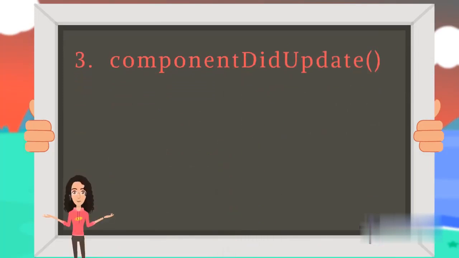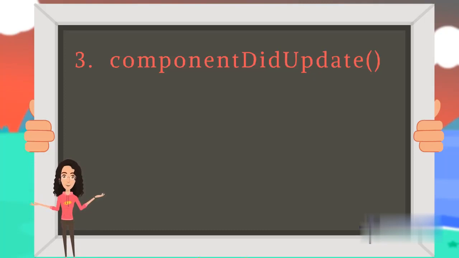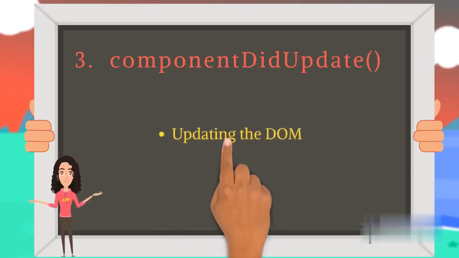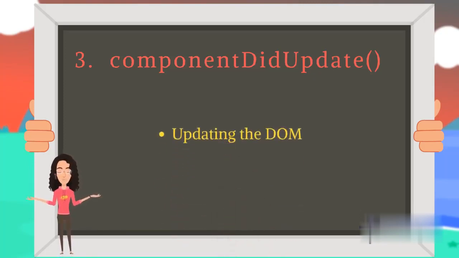Now the third method is component did update. This lifecycle method is invoked as soon as the updating happens. The most common use case for the component did update method is updating the DOM in response to prop or state changes.